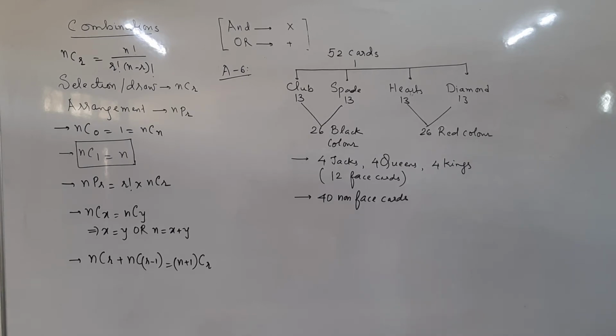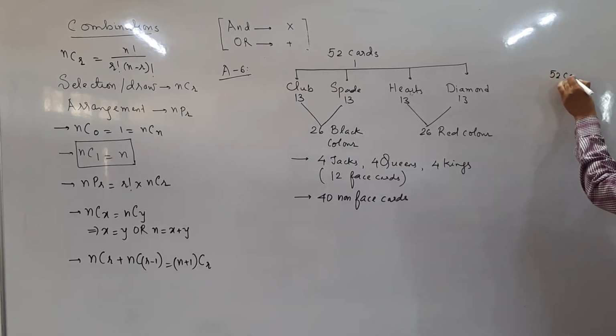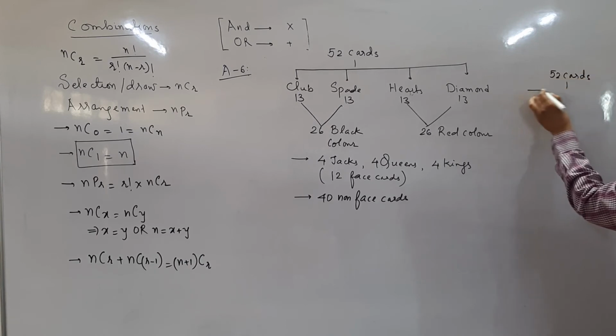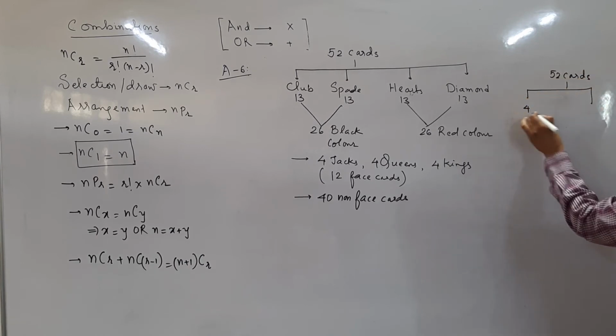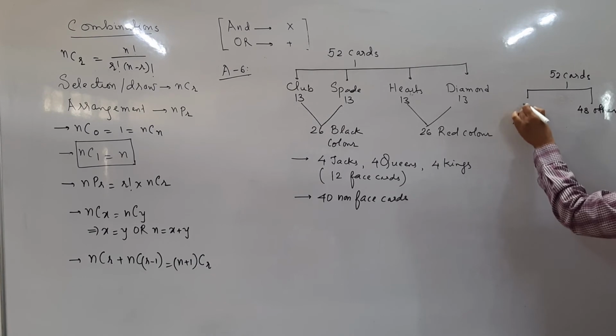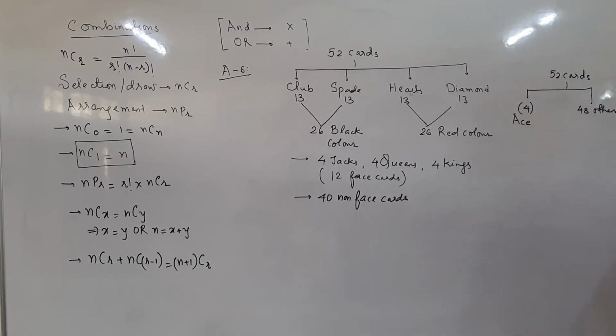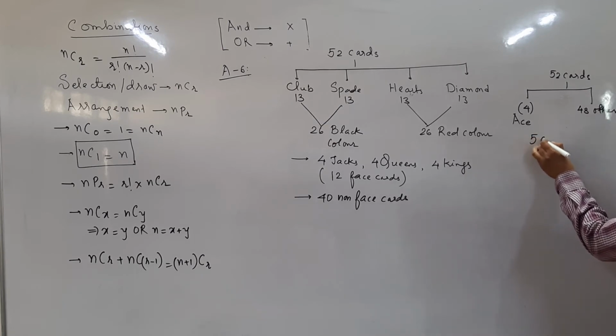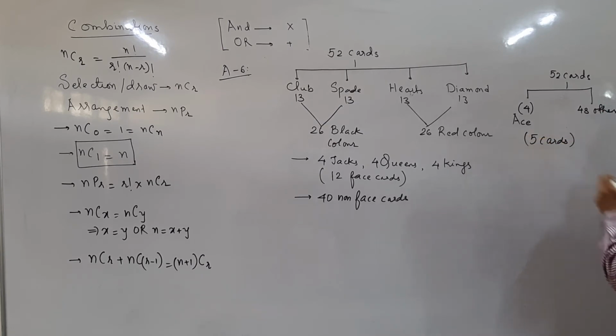Now from a pack of 52 cards we have to select 5 cards. So what I am doing, as per the sum, 52 cards are divided as 4 aces and 48 others. So I separate out the 4 aces. Now we have to select a combination of 5 cards.